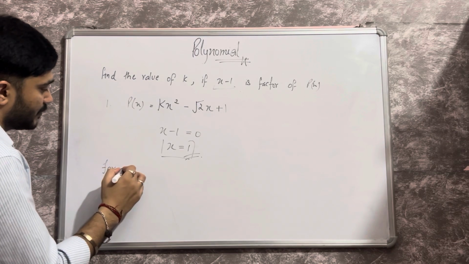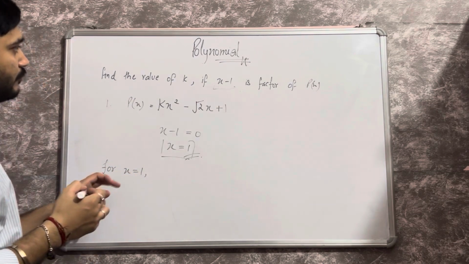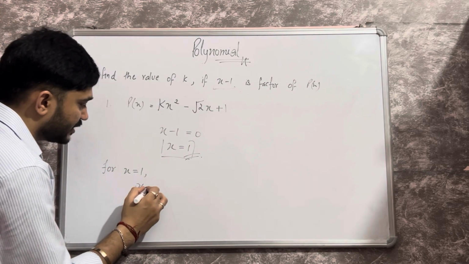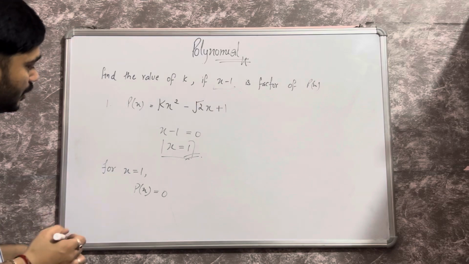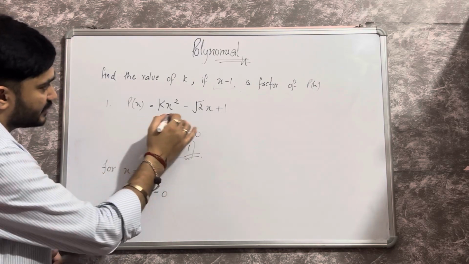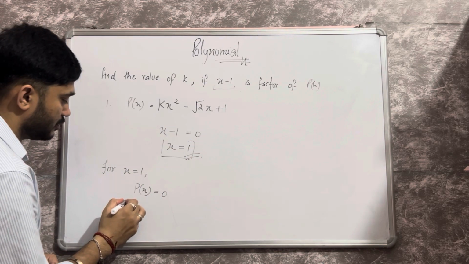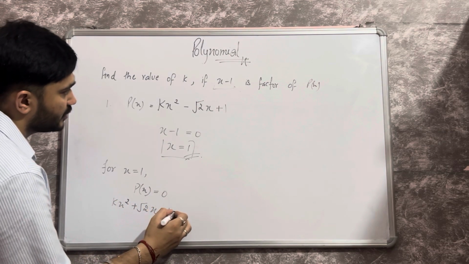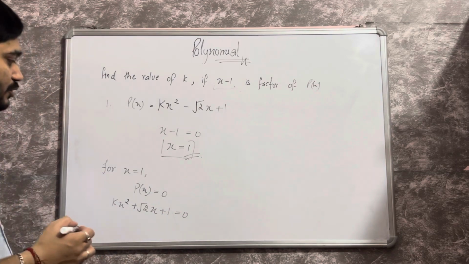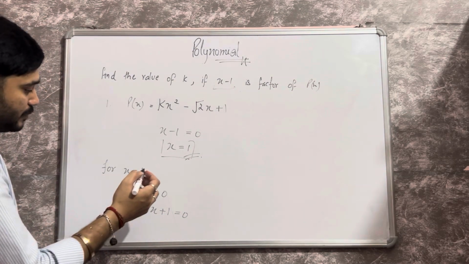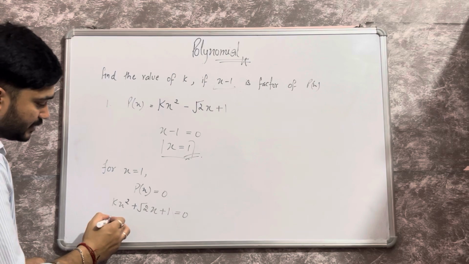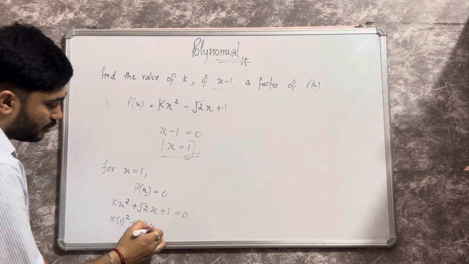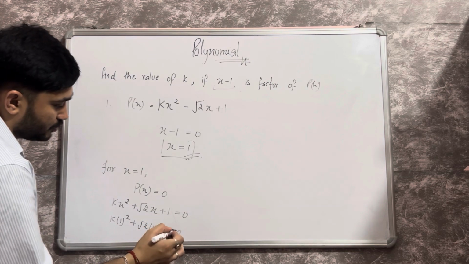For x equal to 1, p of x is going to be 0. Now p of x is kx square plus under root 2 x plus 1 equal to 0. Now place the value of x here, that is k into 1 square plus under root 2 into 1 plus 1 equal to 0.